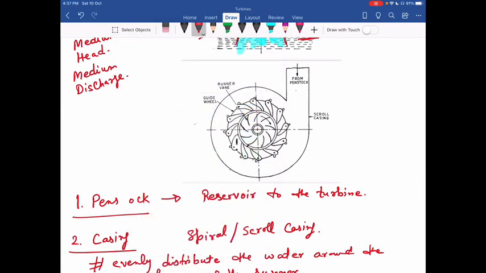Now you can see the discharge formula is area into velocity. Okay, so water enters from here, whatever discharge is available here, Q. Some amount enters from here, some amount enters from here, similarly from other ends.